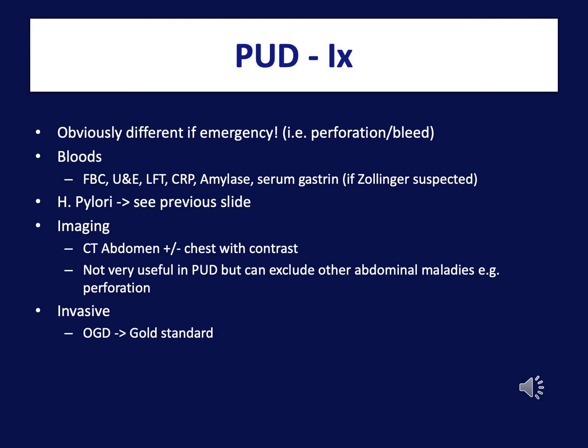Zollinger-Ellison is a gastrinoma, basically, so a tumor that secretes gastrin. H. pylori, you remember the investigations are on the other slide. Imaging, not very useful in peptic ulcer disease, but can exclude other potential causes such as obstruction or perforation or complications of peptic ulcer disease. Invasive would be OGD, which is the gold standard. The ulcers can be directly visualized and biopsies taken.